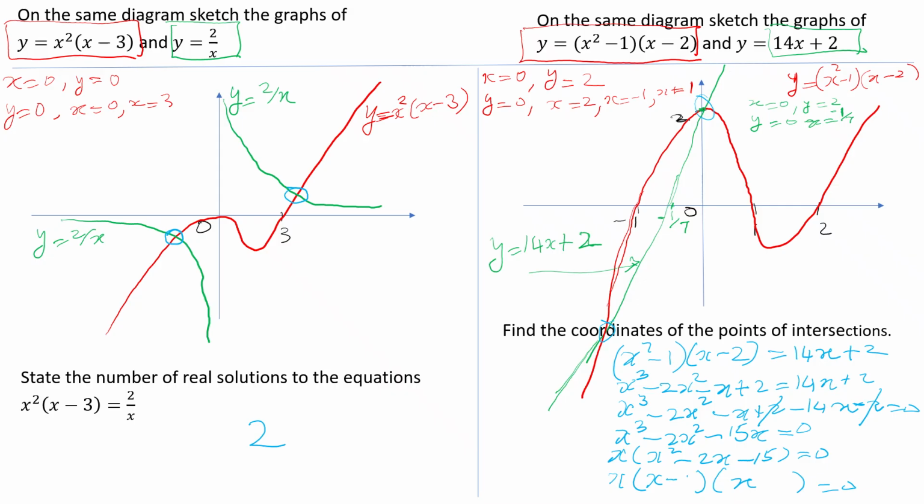So negative 5, positive 3. So the roots are x equals 0, x equals 5 and x equals minus 3.